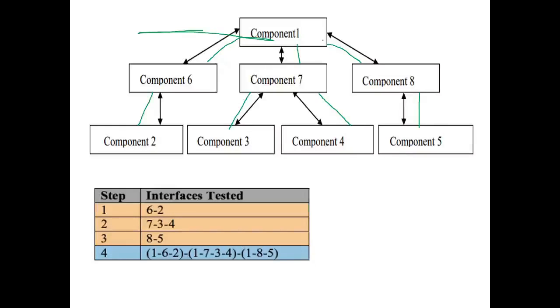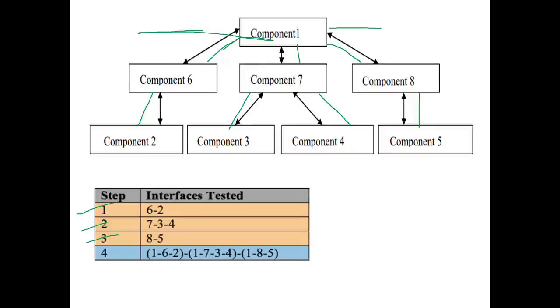And if earlier modules are not ready, then you can use stubs and drivers. See, 6 to 2 you can carry out, then 7 to 3, 3 to 4, then 8 to 5.